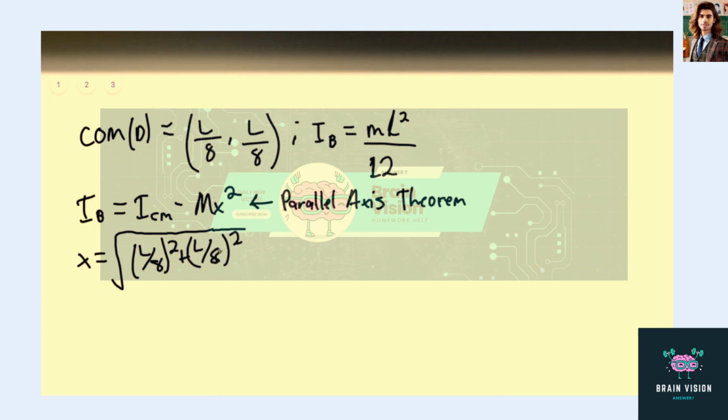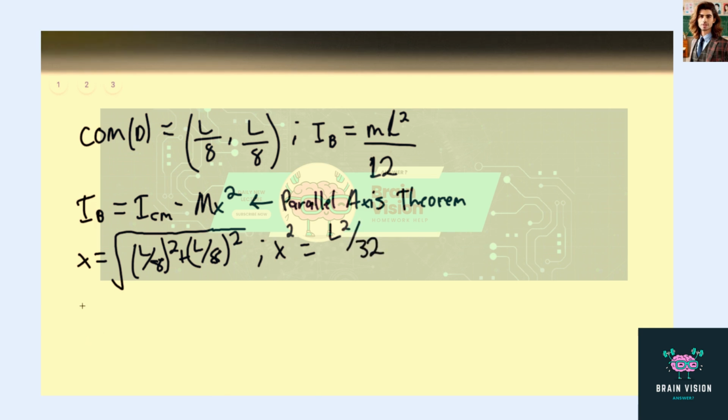This is essentially due to the Pythagorean theorem. Conveniently, we can say that x squared is going to be equal to L squared over 32.